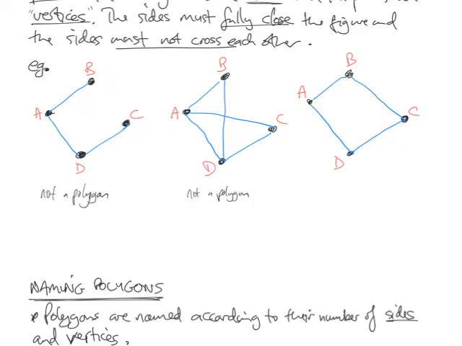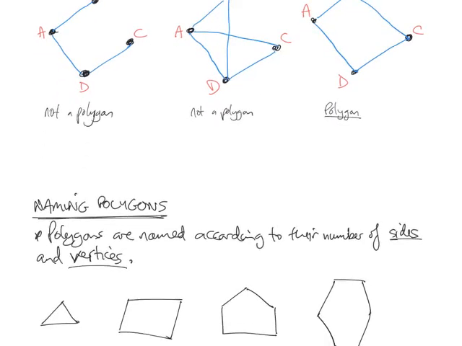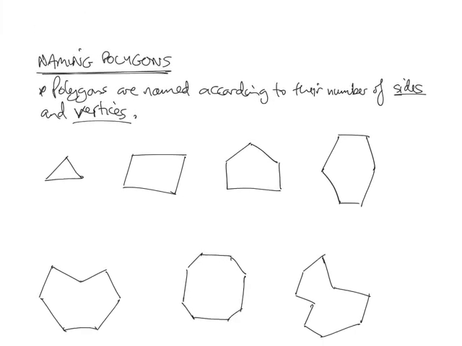However, this last one, we have line segments, points, it's fully closed. Excuse the bad drawing, I'm drawing with plastic on plastic, so it's a bit slippery. No crossing over, so this is a polygon. Straight sides between points, no crossing over and fully closed, so that's what makes a polygon at its most basic.